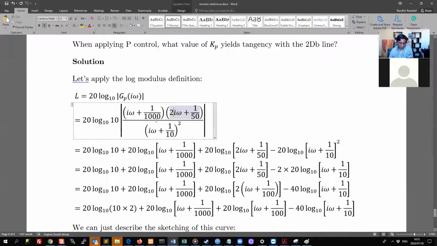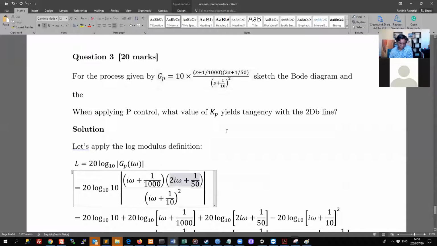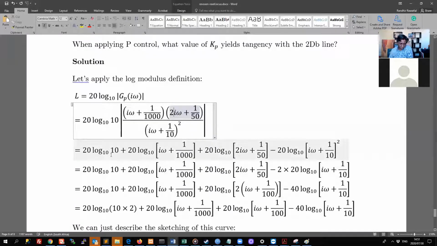And we can see that we have the product of several terms, and we can, of course, use the property of logs to break this down. Instead of having this one big group, we can first extract the constant. There's a 10 in front here, so we can write 20 log 10 out in front.